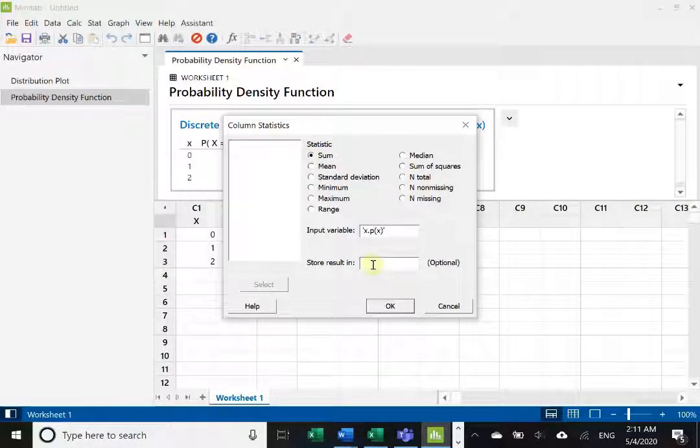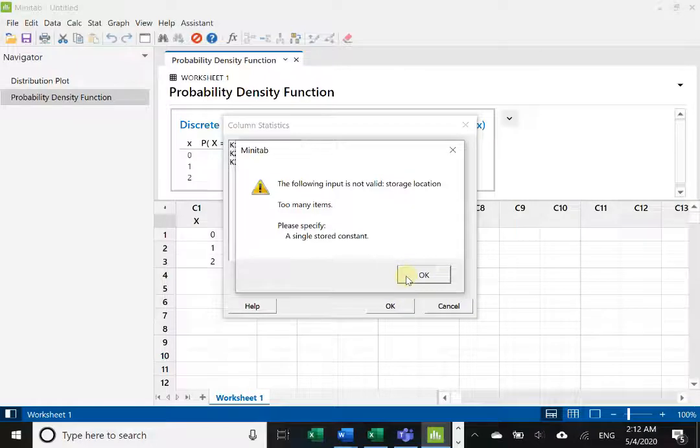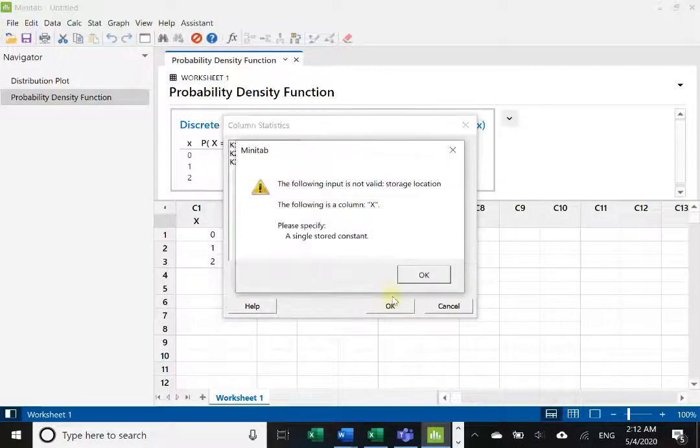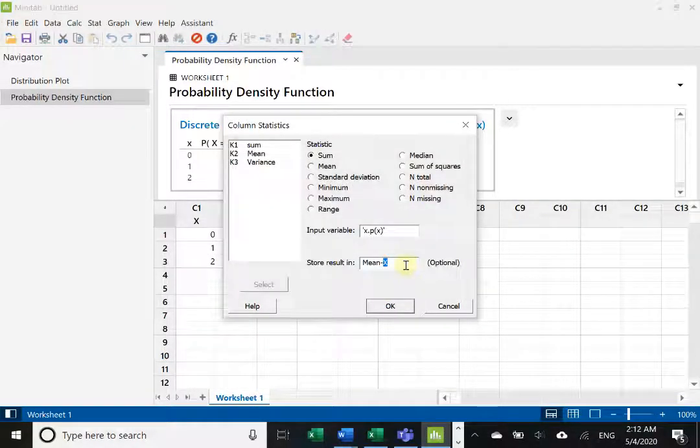And store the results in is optional, if you want to. Let's store it in, I'm just going to call it mean of X. Oops, too many items. Let me see, XPX. Oh, I see. Didn't like the mean of. So I'm just going to call it mean hyphen X. It didn't like that either.